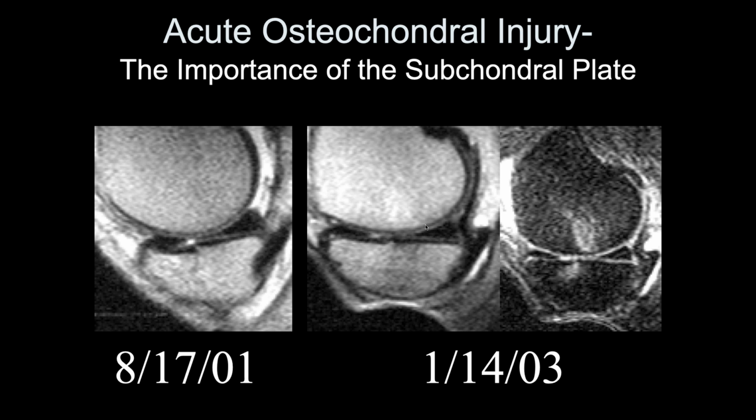Are you sure that that cartilage is intact? I mean, the articular cartilage is intact on the. What's that bright area? Okay. And there's a step off on the articular subchondral bone.